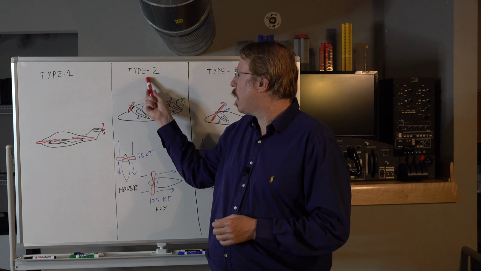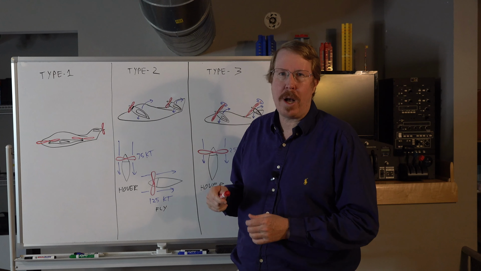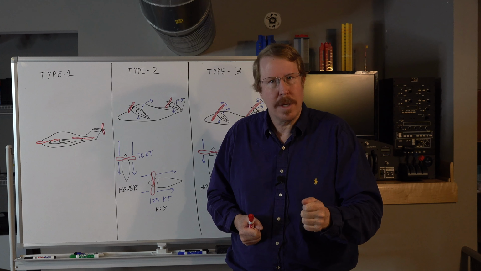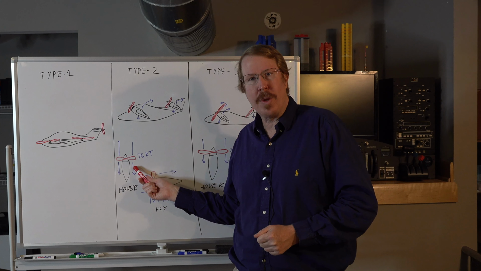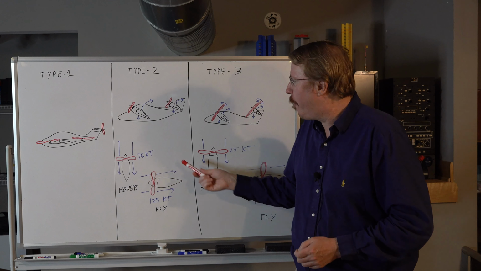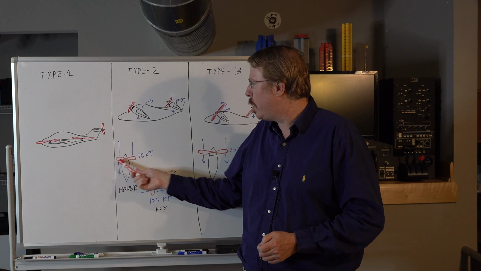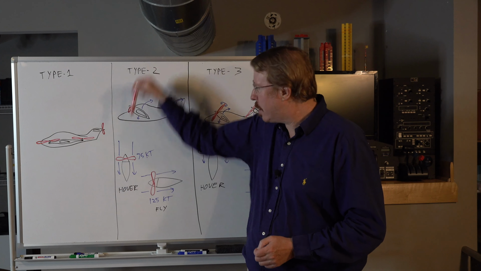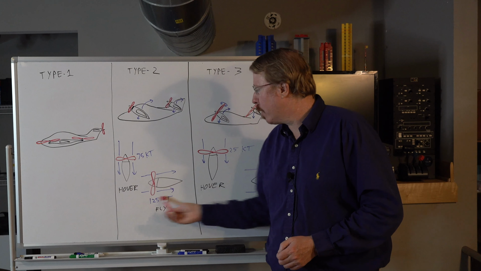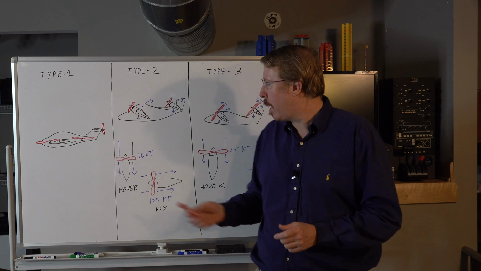So this Type 2 with its fixed pitch props is limited to small propellers because the small propeller will have a high delta V in hover. So if you're hovering in a Type 2 airplane with these small dinky little props, you might see 75 knots of speed through the disc in hover and maybe 125 knots of speed through the disc in flight.